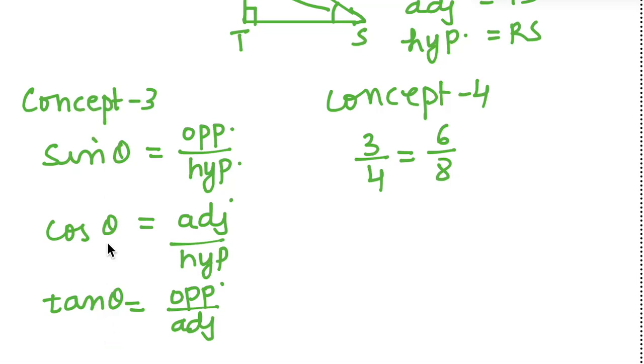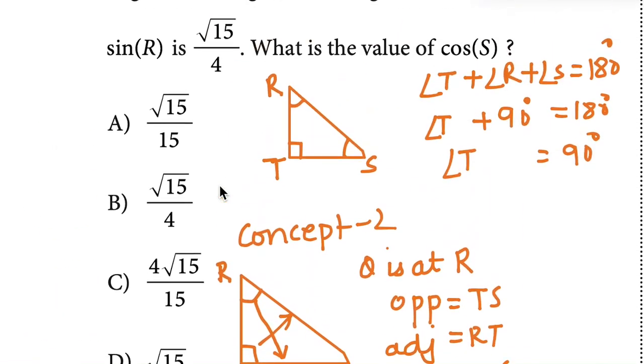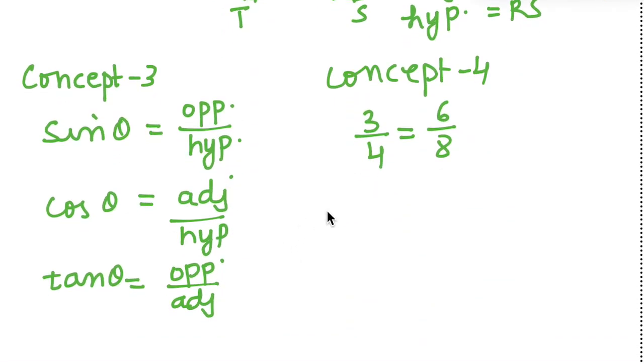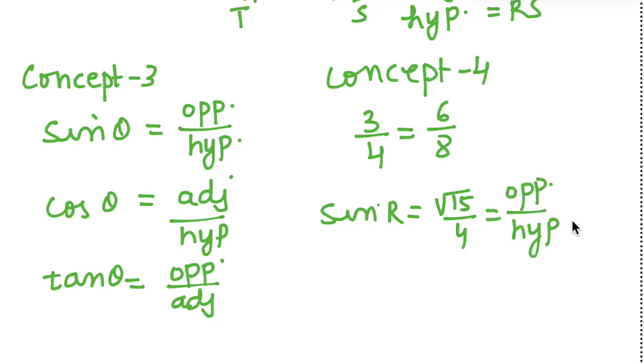So these three are ratios, right? It does not mean that, for example, in our question, sine R is equal to root 15 by 4, and sine R is actually opposite over hypotenuse, so it does not mean that the opposite is of length root 15.